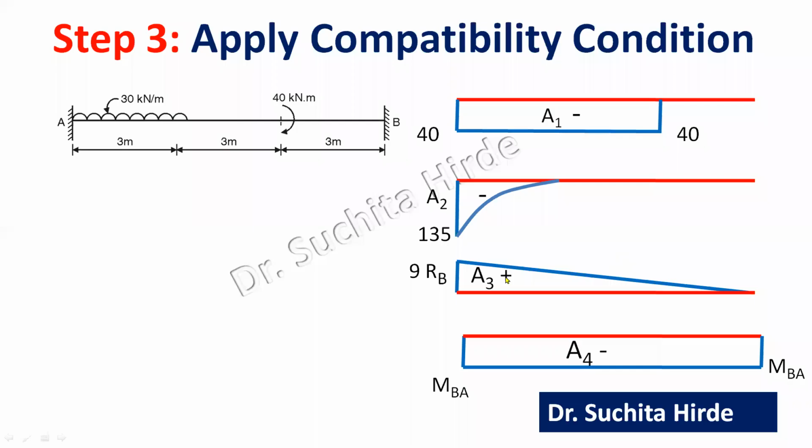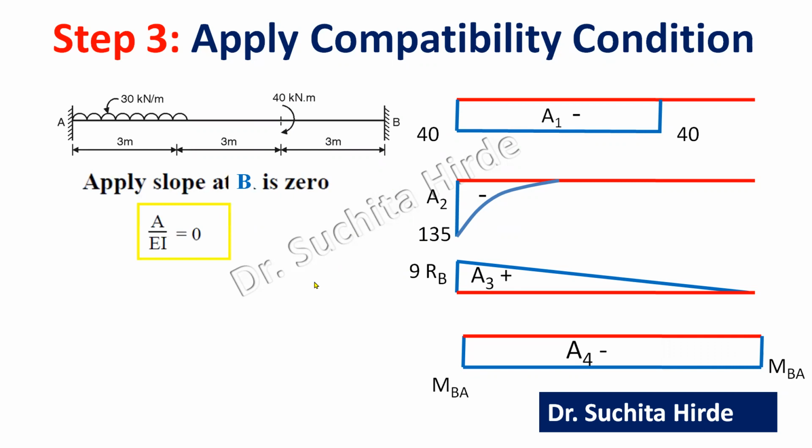So for this case, we get bending moment ordinates due to this moment as minus 40, due to UDL as minus 135, due to RB, that is 9 RB, which is positive, and due to MBA, it is negative hogging MBA.